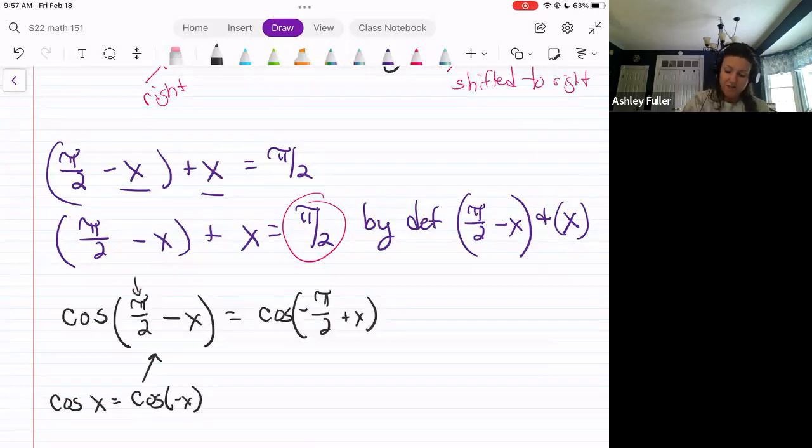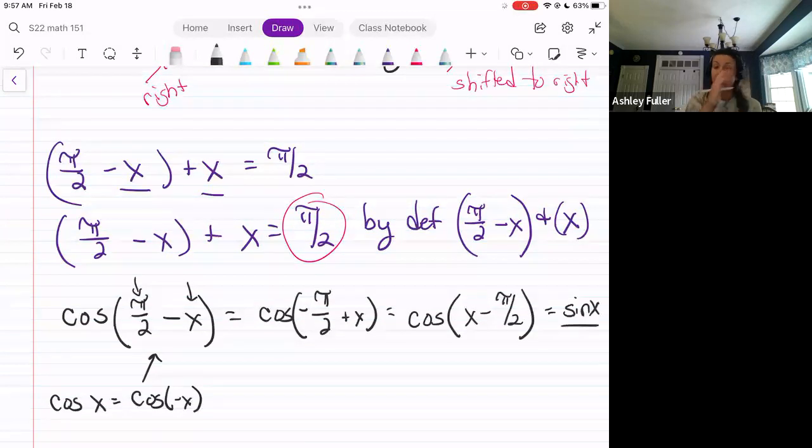And all I've done is distribute a negative to both of these. Now, if I rearrange that, this gives me the cosine of x minus pi over 2, which based on those cofunction identities from the previous section, we know equals the sine of x.